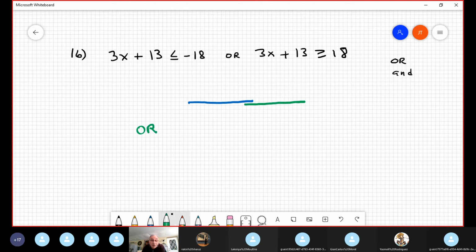Well, OR is everything, because it's together. It includes the overlap. And what about AND? Well, AND is the common part. This is AND. End of the story. More clear now? Yes, Professor.